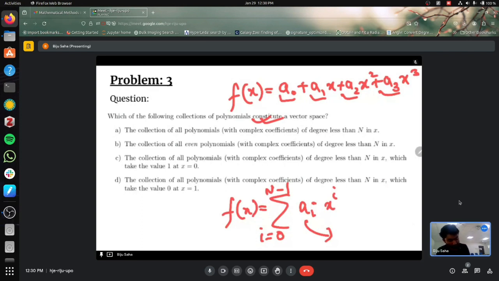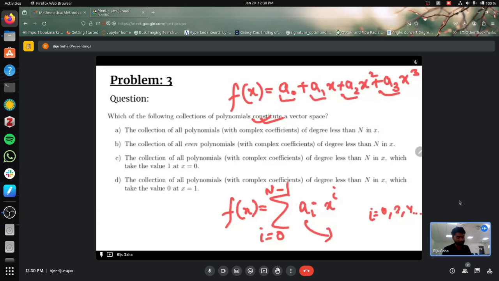Then the next statement is a special case. They say even polynomials of degree less than n, that is, this i can take only even values. It can start from 0 to 4, taking only even values. So we check whether the even polynomials form a vector space or not.